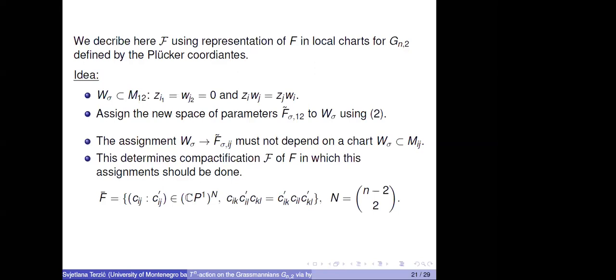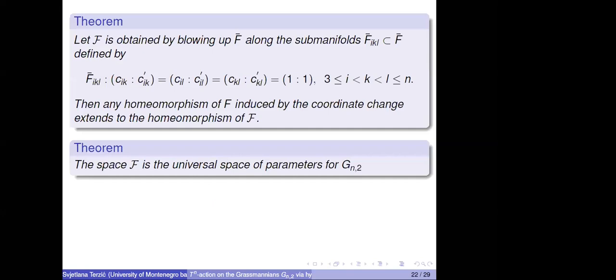For Gn2, we proved that if we consider the closure of the space of parameters of the main stratum in CPN, which is just the intersection of these cubic equations, and consider the space F, which is obtained by blowing up this space F bar along the submanifolds defined by this condition, then any homeomorphism of F bar induced by the coordinate change extends to a homeomorphism of F. Because if we consider a coordinate change between these two charts, it extends to a homeomorphism of the space of parameters of the main stratum.